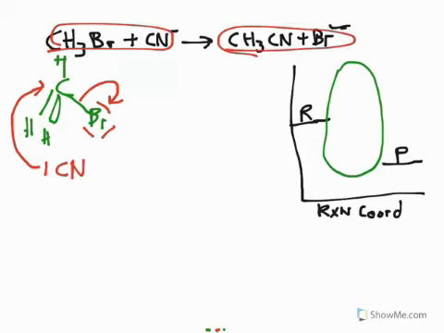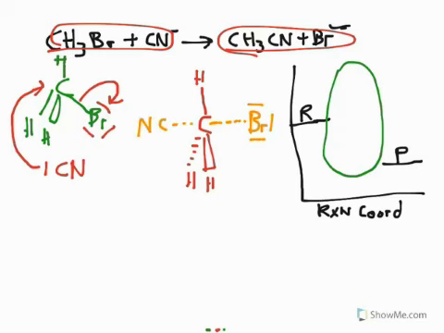When it does this, it forms a structure that might look something like this. This is the current state of the theory. The hydrogen out front, a hydrogen back behind, and then I will attach in orange my bromine here, and I'm putting dotted lines because it's breaking, and I'm going to attach a cyanide in here, and I put dotted lines between the two carbons because it's forming a bond. Now, if you look real closely at this thing, it's a mangled mess.